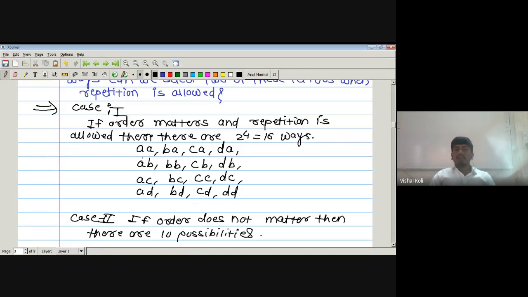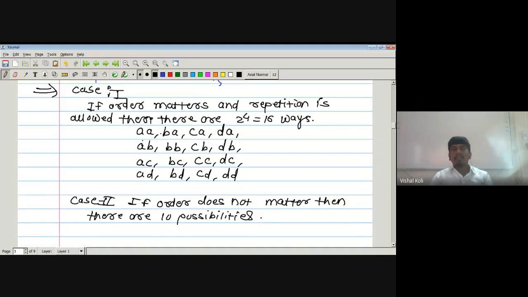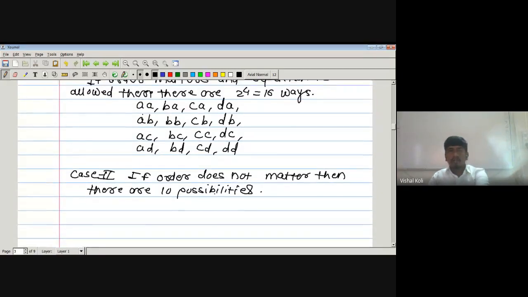If order does not matter, then either we can take AB or BA; that is, from these two we take only one. Similarly, from AC and CA we take only one, similarly for AD, BC, BD and CD. So which are those 10 possibilities?